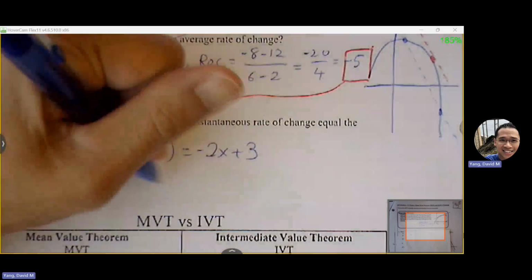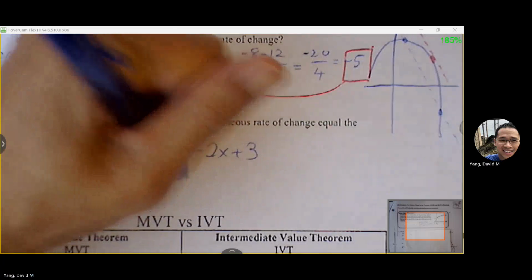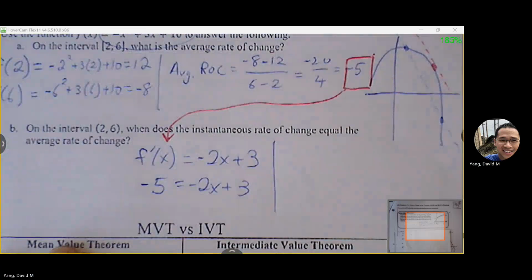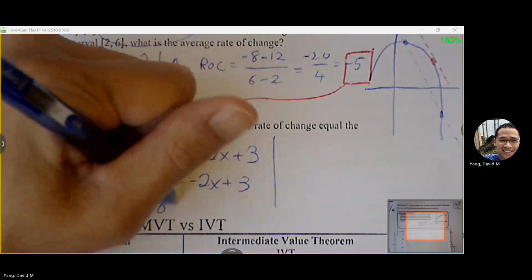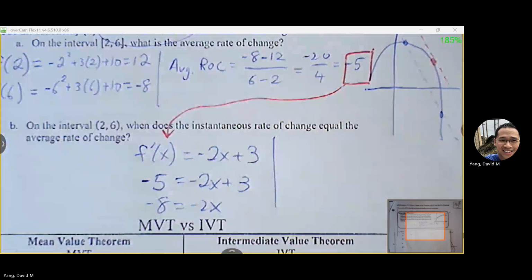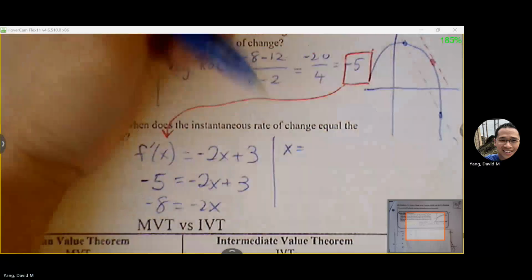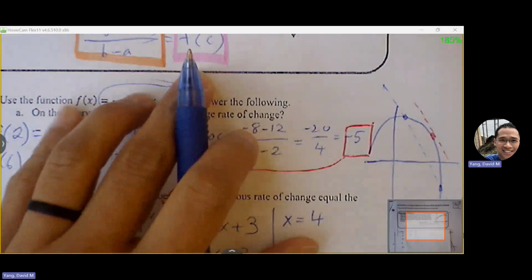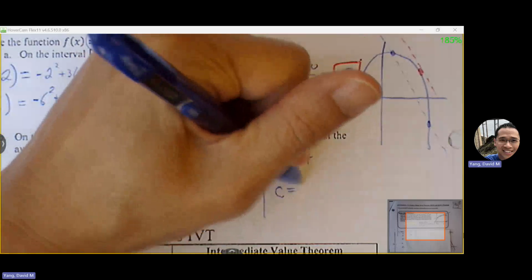So then we just plug -5 in for our slope variable. Then we're going to solve for x. Subtract 3 from both sides. Divide both sides by -2. X equals what? 4. And the way that we call the solution that we're looking for, we say that C is equal to 4.